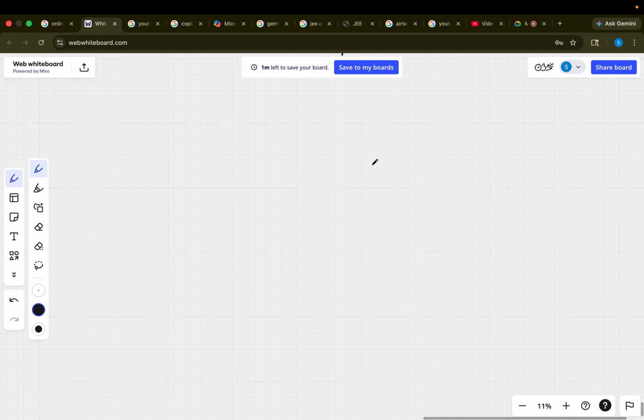Now similarly, suppose here I take the same molecule, boron, and here I have H2, here H1, H3. So this is the BH3 molecule we have.